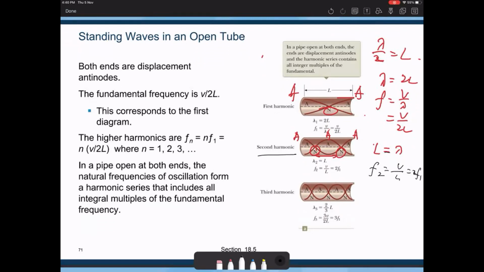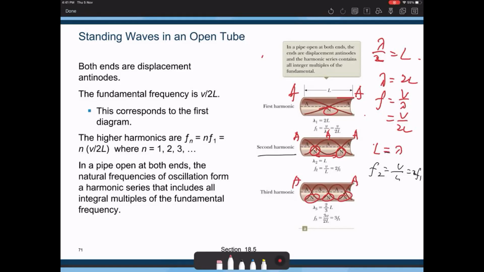And the next, more complicated scenario would be having three nodes within the tube. So there would be antinodes still at the open ends.